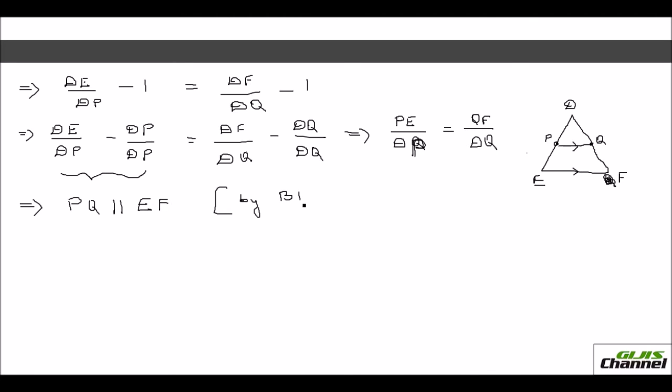In the basic proportionality theorem, you learnt that if the sides of two triangles are proportional, then the third side would be parallel, right? So we got PQ parallel to EF.